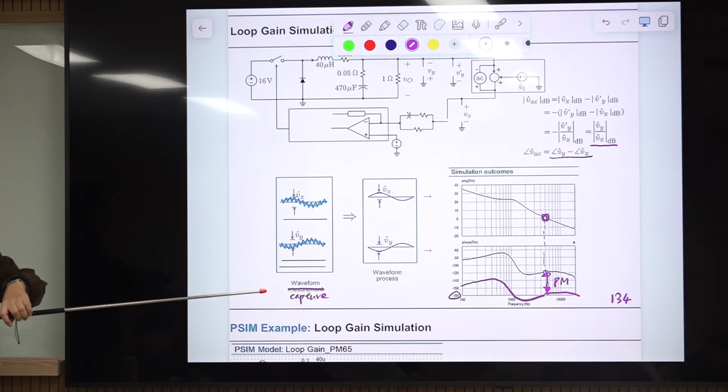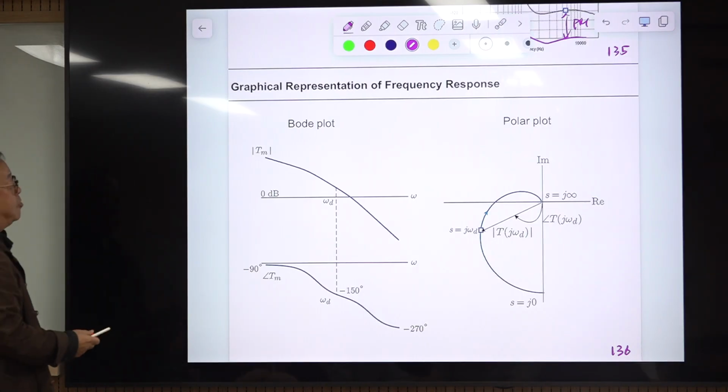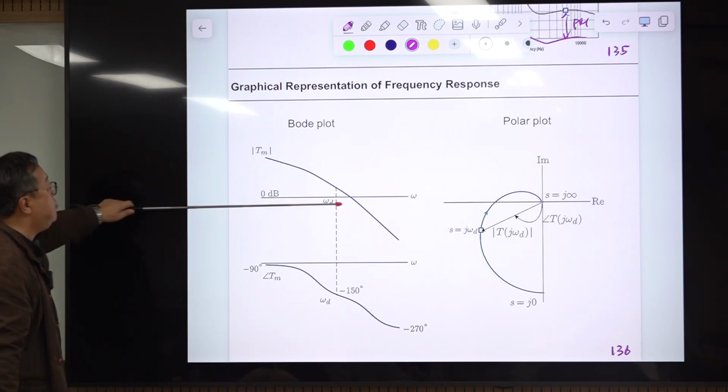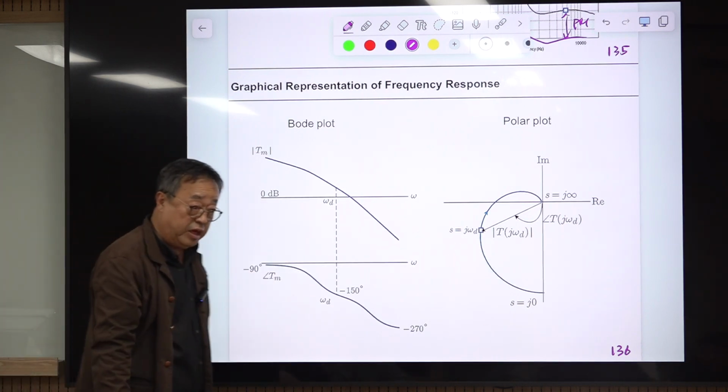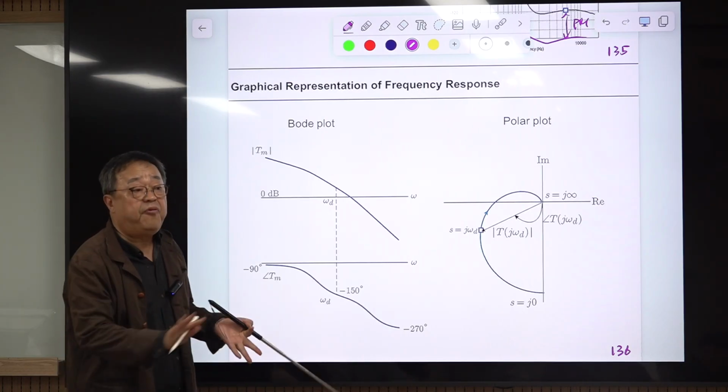All right. It's about this graphical representation of frequency response. We already practiced the Bode plot a lot, and there is another plot. So this is a Bode plot, and this is the polar plot. The same information is displayed in a different format.